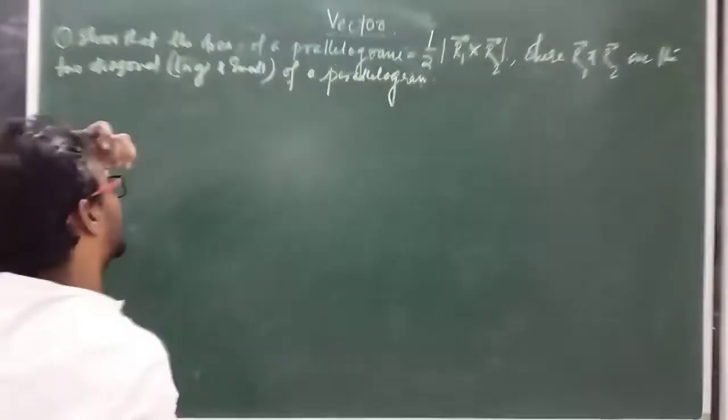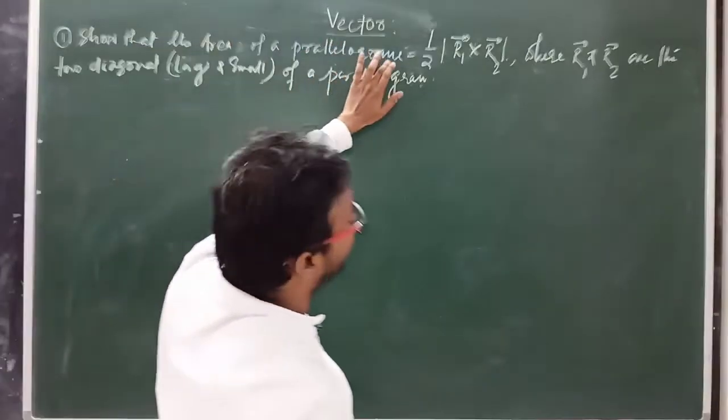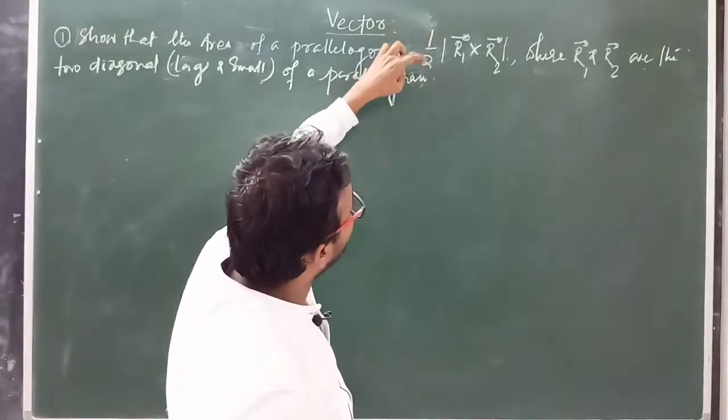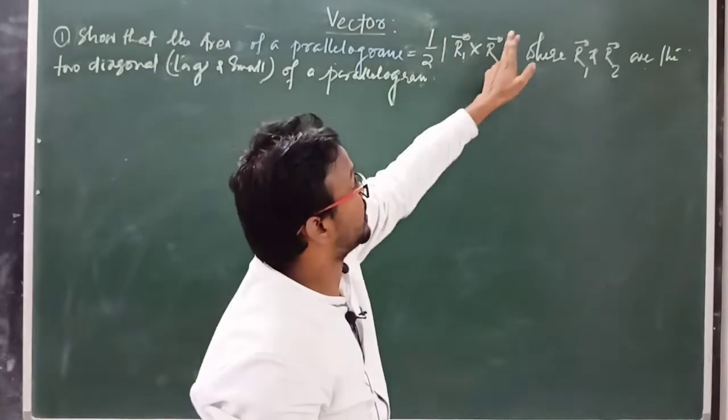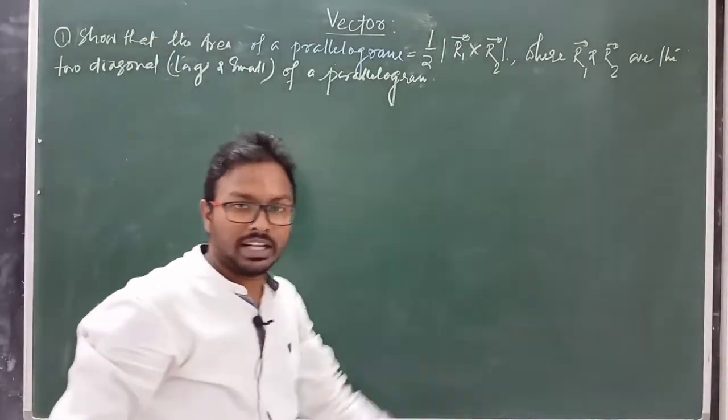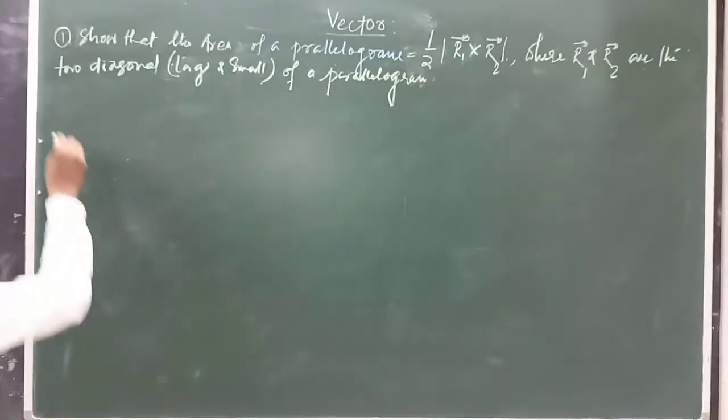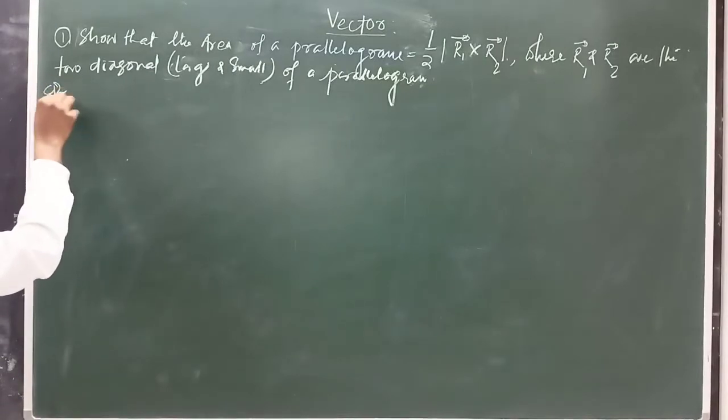Clear? So we have to prove here area of a parallelogram is equal to half of magnitude of cross product of two diagonals of a parallelogram. Clear? Now come to the solution part.